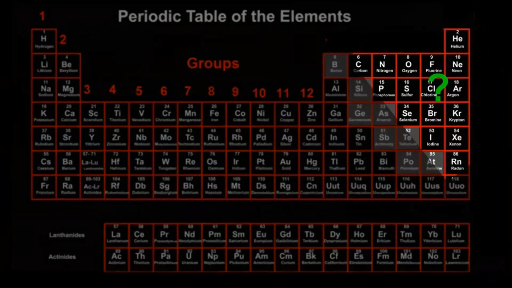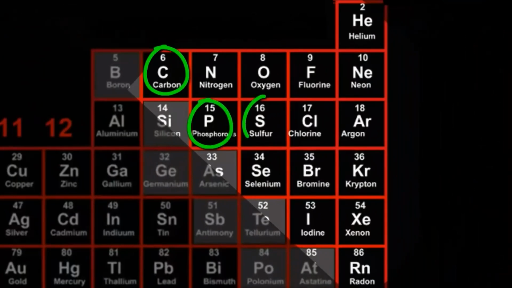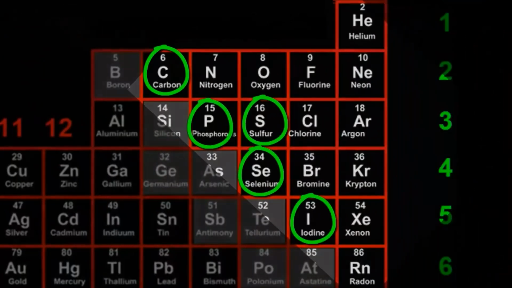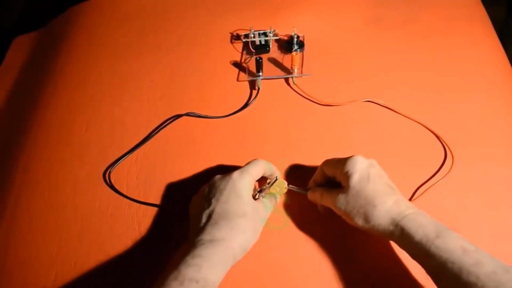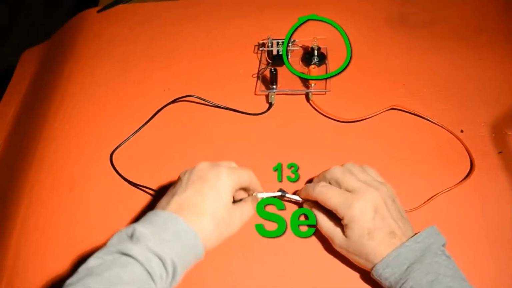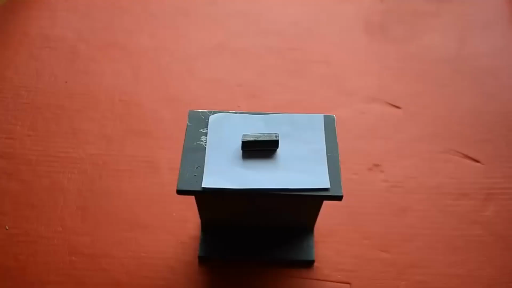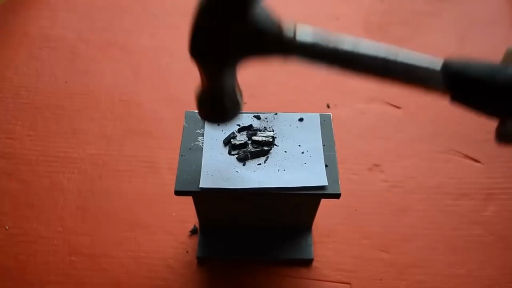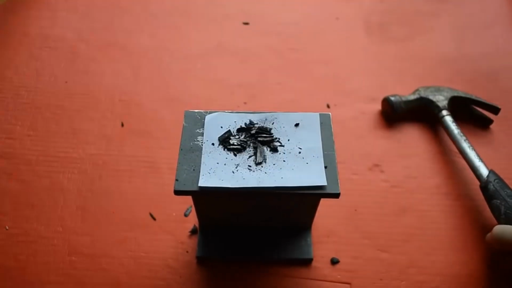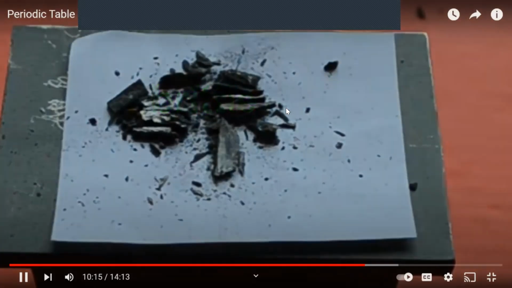Most nonmetal elements are liquids or gases, but there are a few solids, and these can be more easily tested. Here, sulfur and selenium are showing that they don't conduct electricity. Can you see that the bulb doesn't light up? And if you hit this carbon with a hammer, it smashes into bits. This is called being brittle. It's the opposite of being malleable.